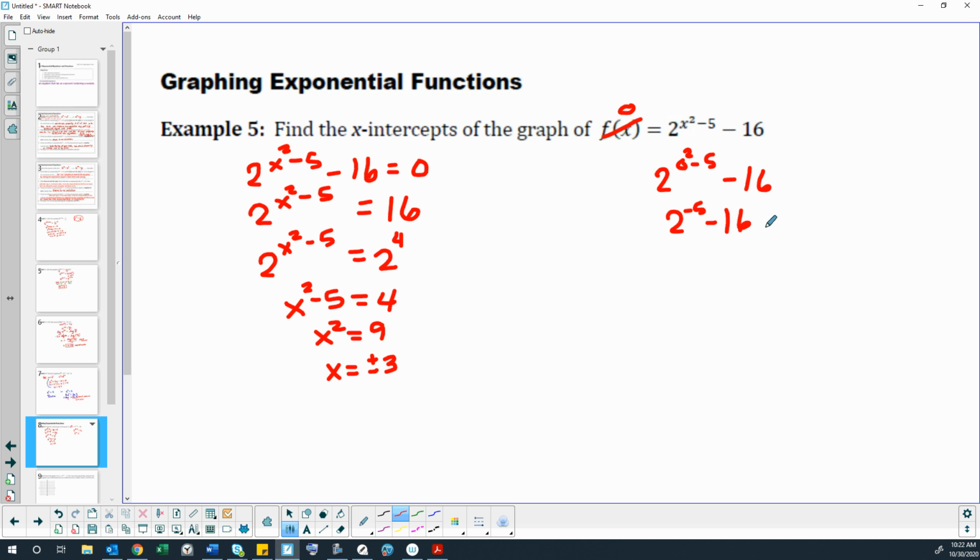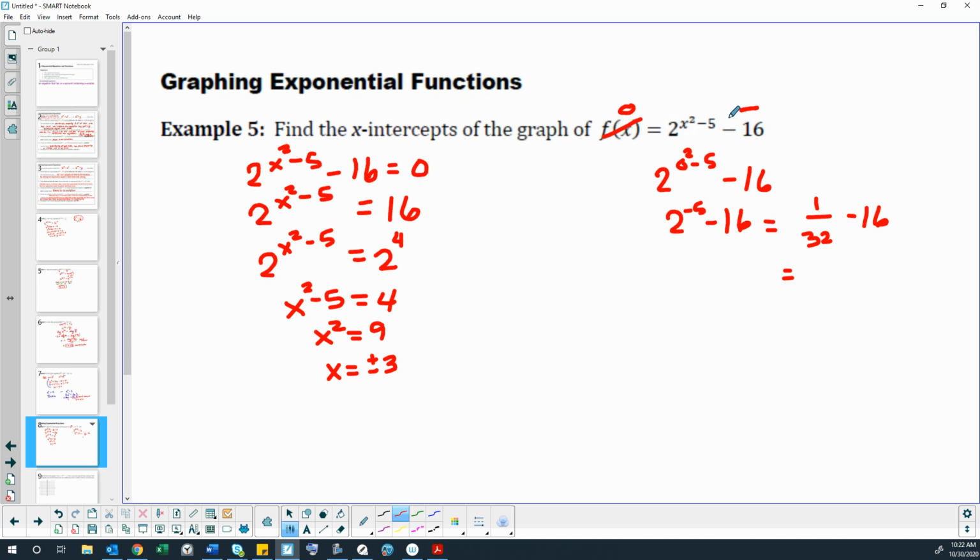Oh, this is kind of an ugly y-intercept. So that would be 1 over 32 minus 16. So it would be very close to negative 16, right? Just barely shy of negative 16.